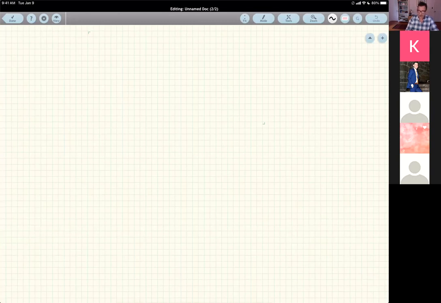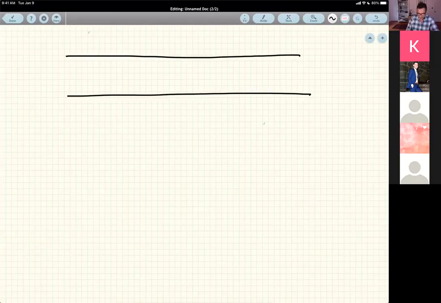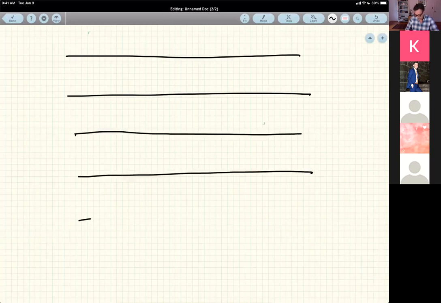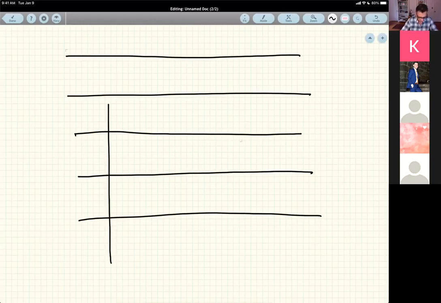So if I was to look at, let's pick Midtown Manhattan, for example. Midtown Manhattan has streets that go east to west, and then they have avenues that run north to south.